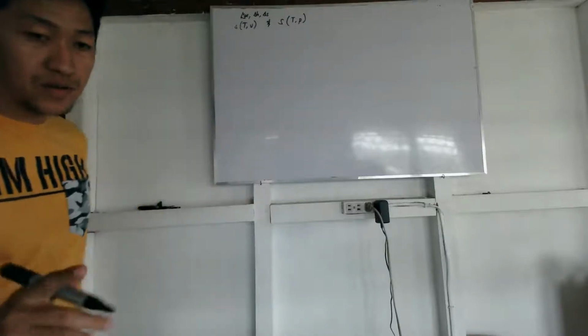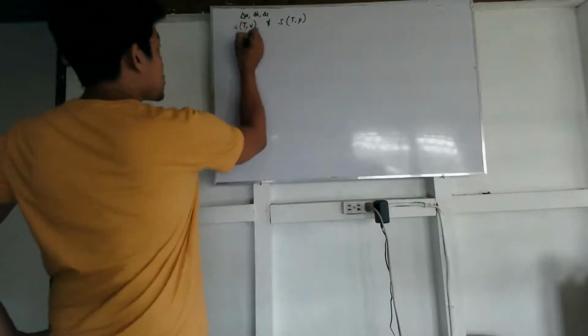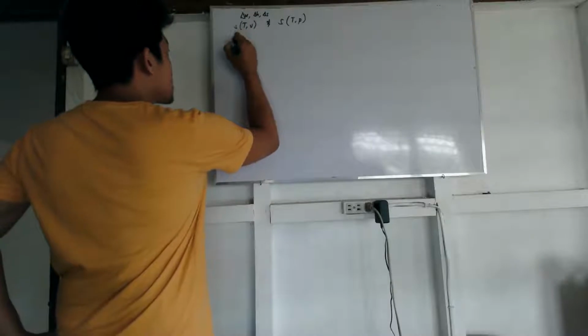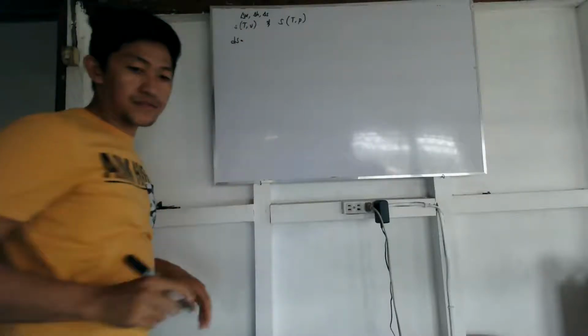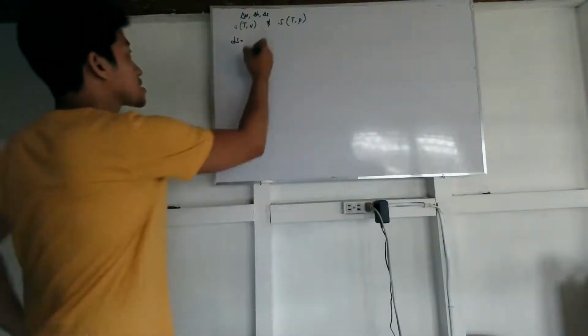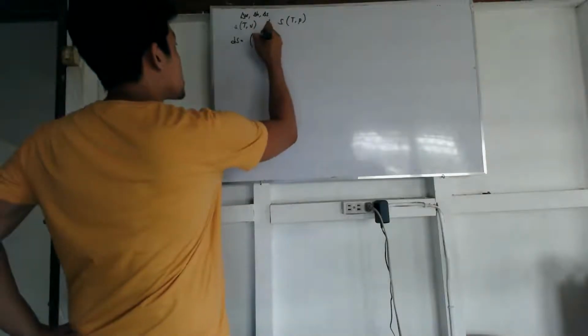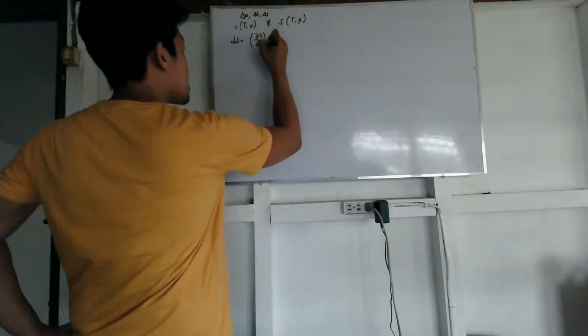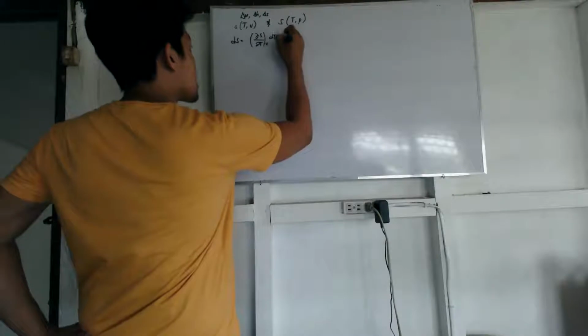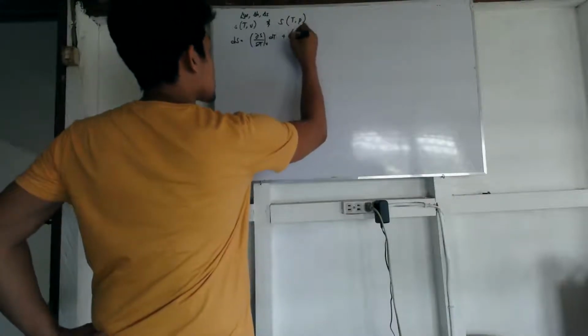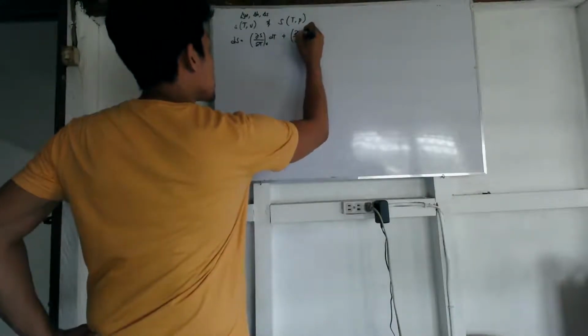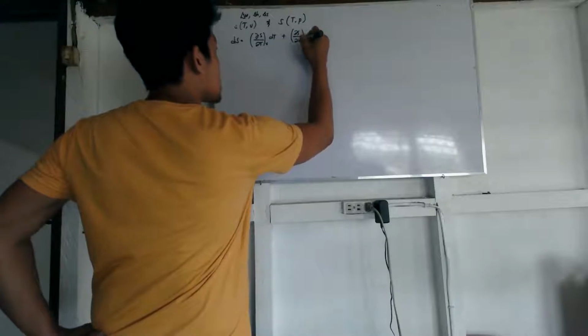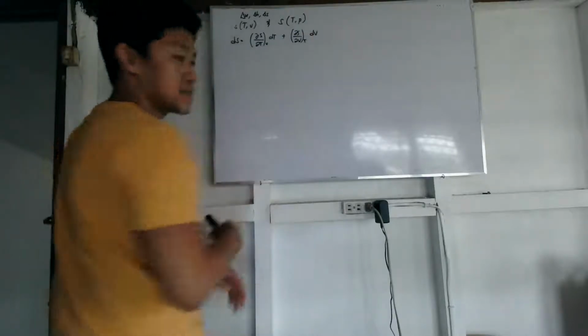First, if we use temperature and volume, you can derive that the exact differential of entropy is partial of S with respect to T dT plus partial of S with respect to V at constant T dV. Okay?